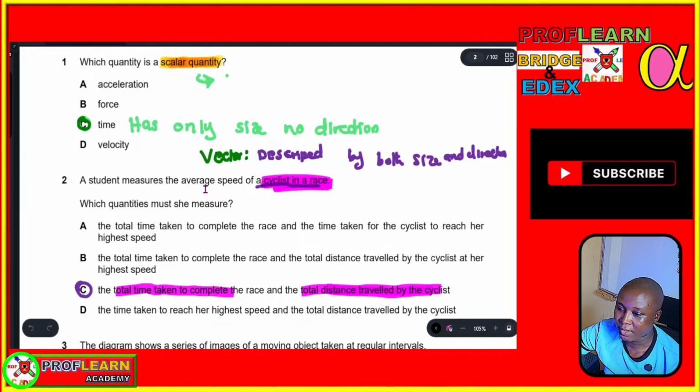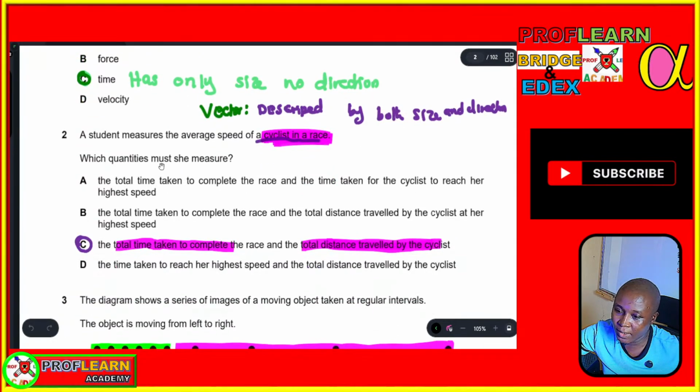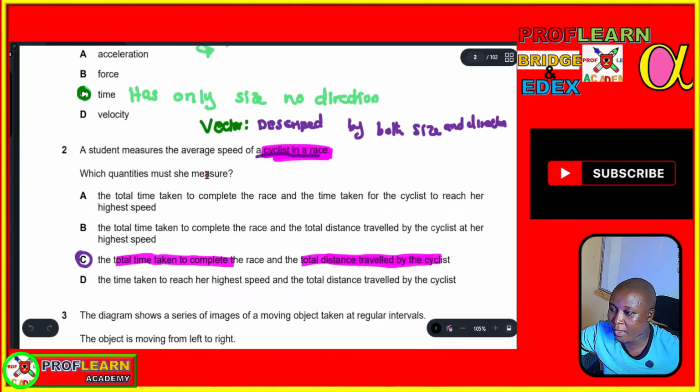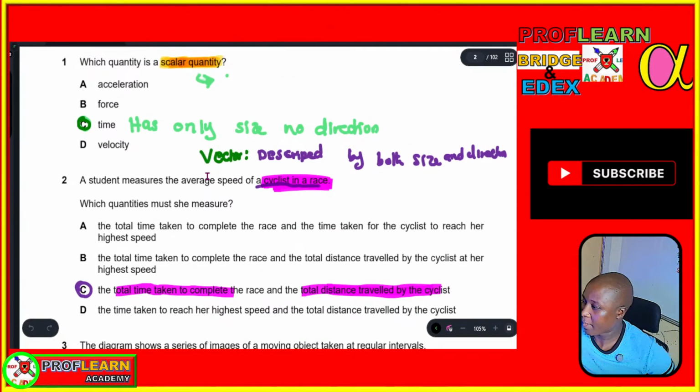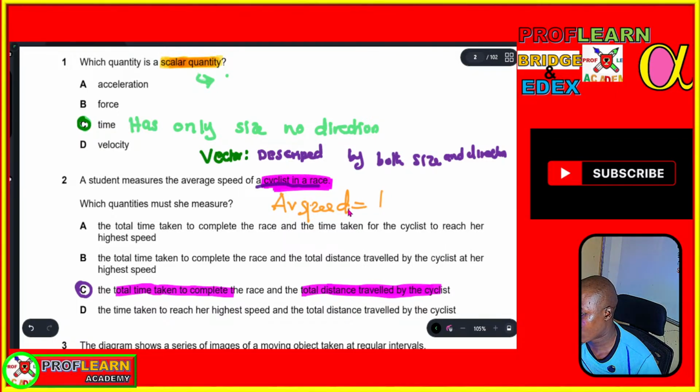A student measures the average speed of a cyclist in a race, and then which quantity must be measured? Remember, something we ought to remember here is that average speed is going to be total distance over total time taken.